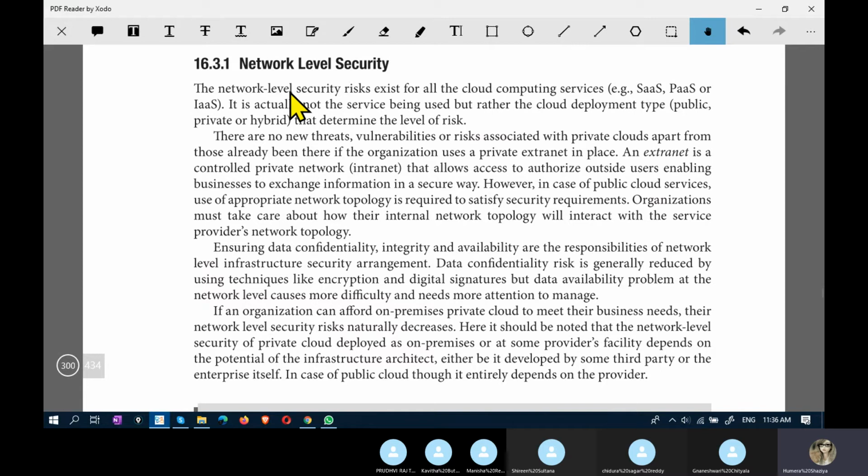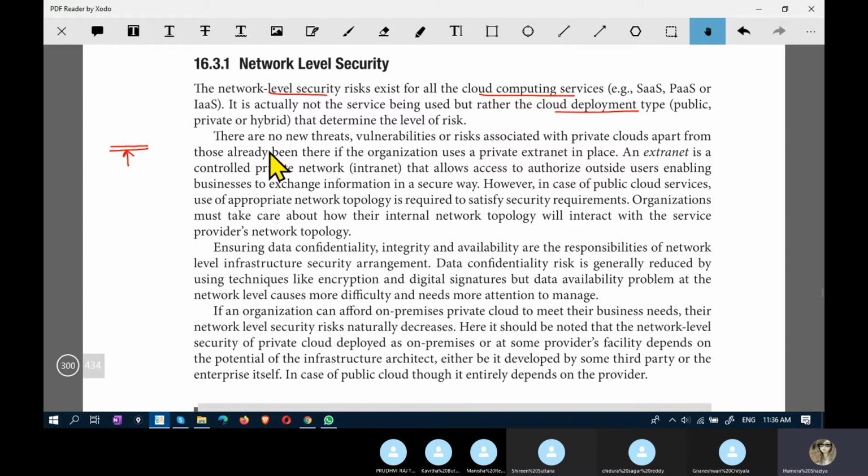So this network level security risk, this is our network. This network level security risk exists for all cloud computing services, which are SaaS, PaaS, and IaaS, and also for all cloud deployment types, which are private, public, and hybrid.